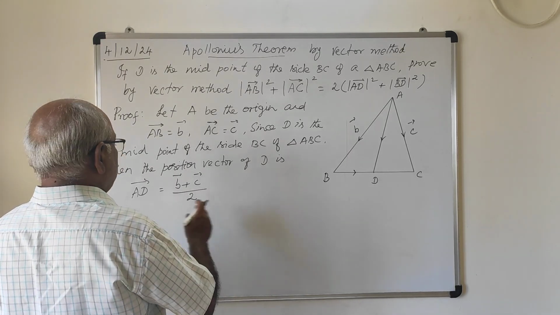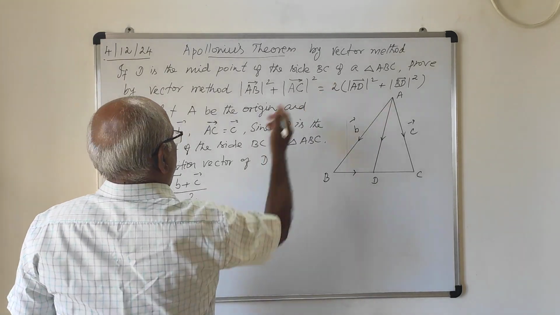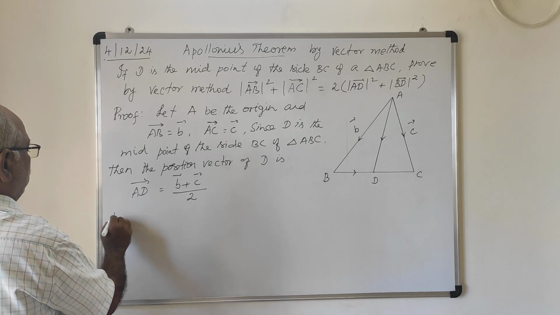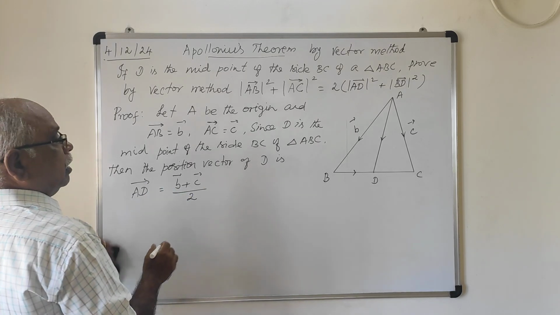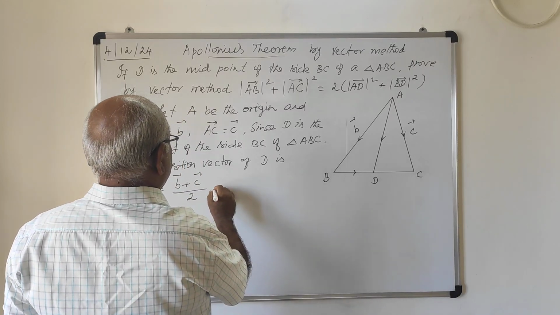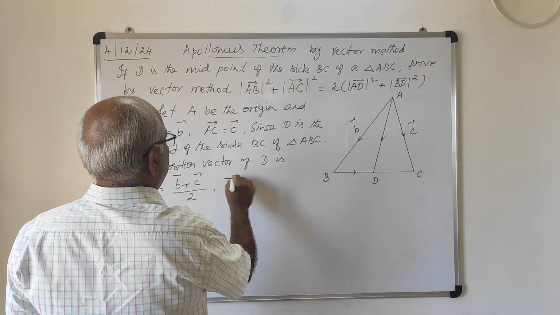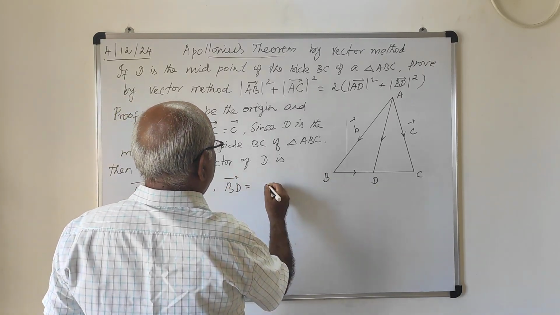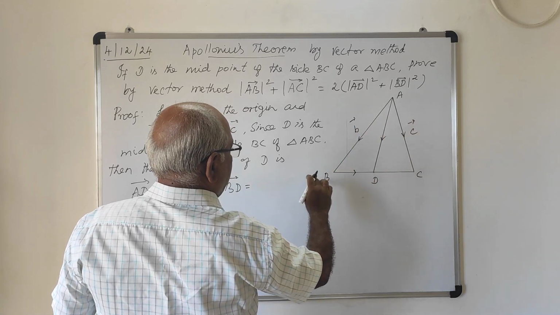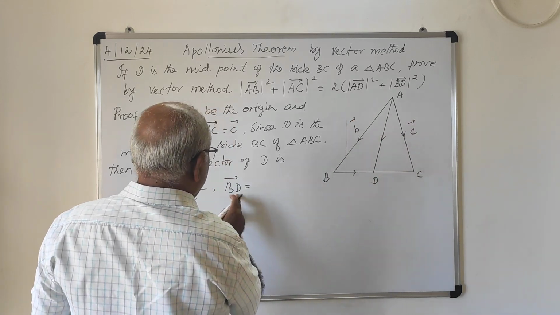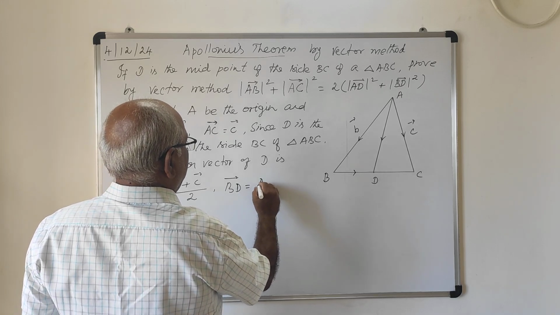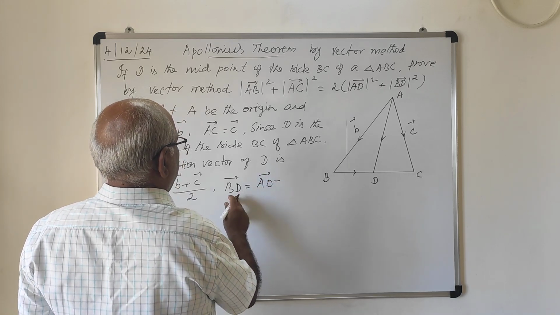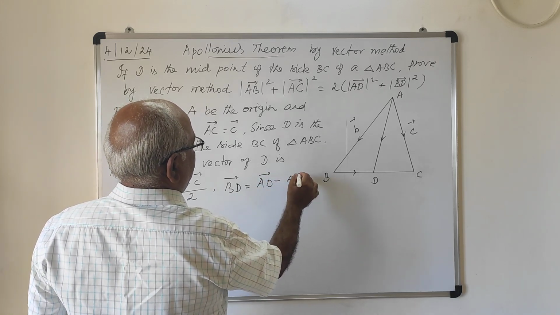And we want AD square. For that, this is AD. Similarly, we have to find BD. BD is AD minus AB. Since A is the origin, the BD vector is AD minus AB.